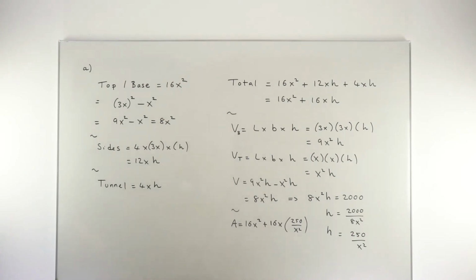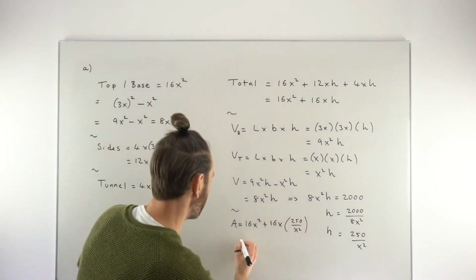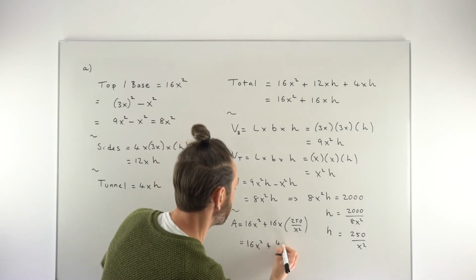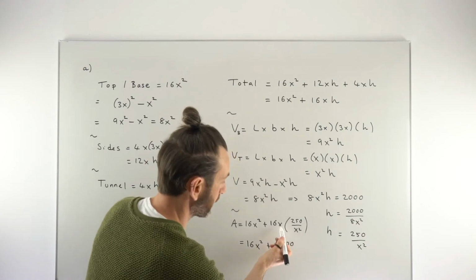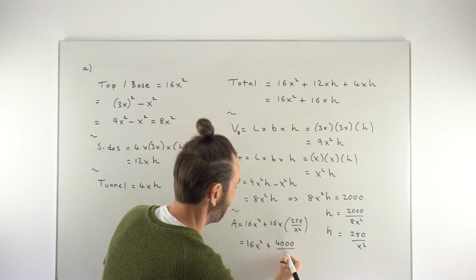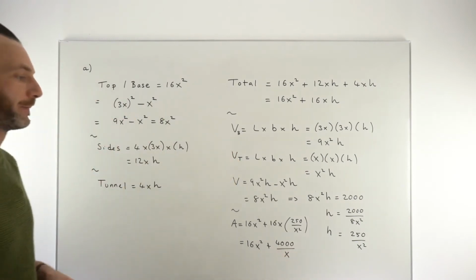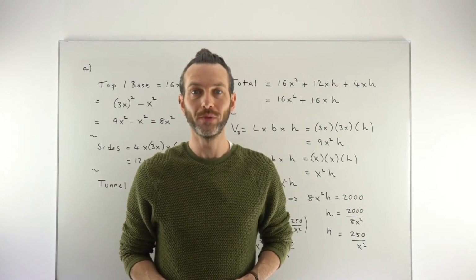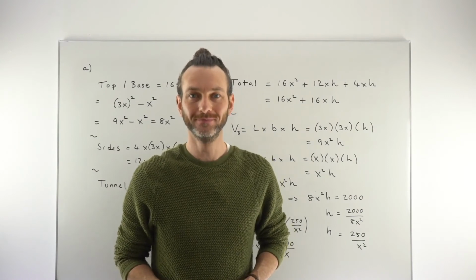If you multiply the 16 and the 250, you'll get 4,000. So this becomes 16x squared plus 4,000 over x squared times x. You've got an x on the top, an x squared on the bottom. You could divide top and bottom by x, and you would end up with just an x down there. So tricky, but that's how you get to the formula from the information in the question.